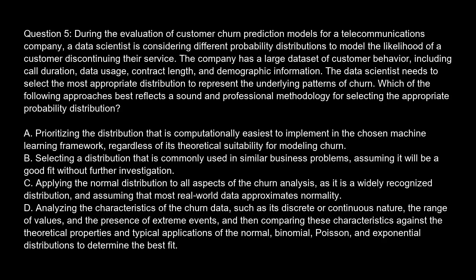Option D. Analyzing the characteristics of the churn data, such as its discrete or continuous nature, the range of values, and the presence of extreme events, and then comparing these characteristics against the theoretical properties and typical applications of the normal, binomial, Poisson, and exponential distributions to determine the best fit.